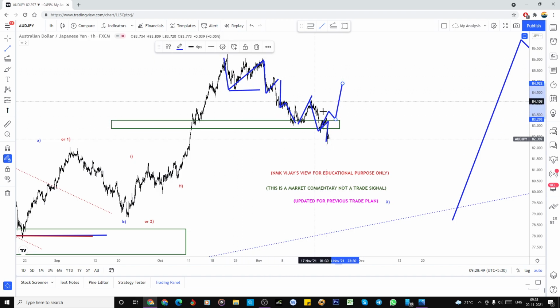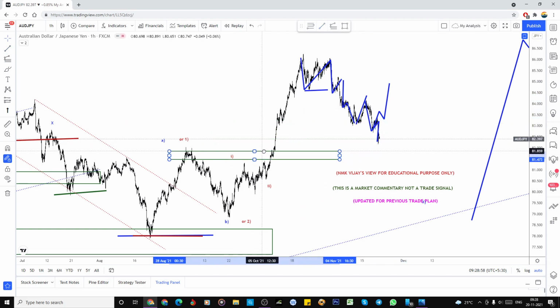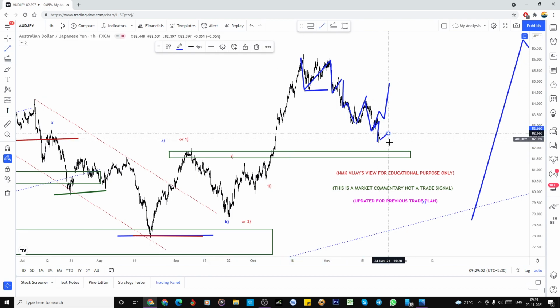But this is not impulsive either, so it is doing a WXYXZ correction. If it reaches here in this zone, later on it will bounce like this, like the copper I expected.